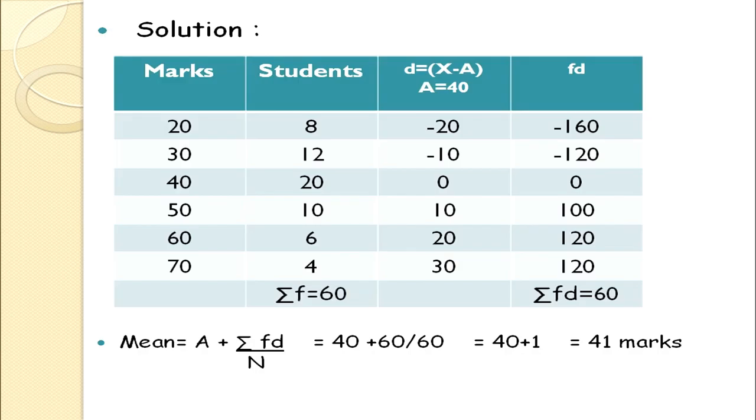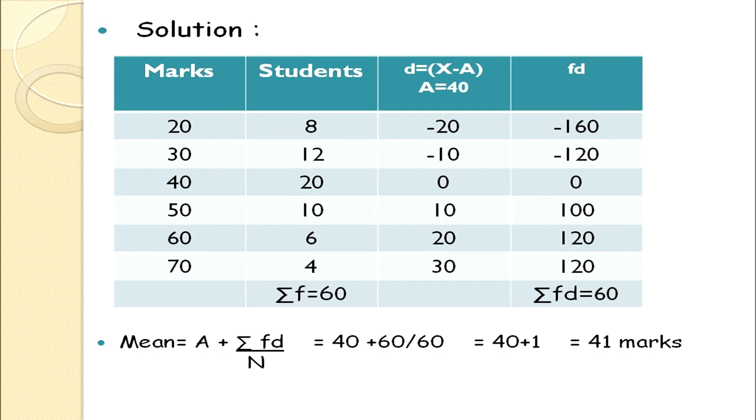Now, the first step, I need to plot A, assumed average. So, out of this 20, 30, 40, 50, 60, 70, the average value can be taken as 40 or 50. Over here we are taking 40. So, A is 40.